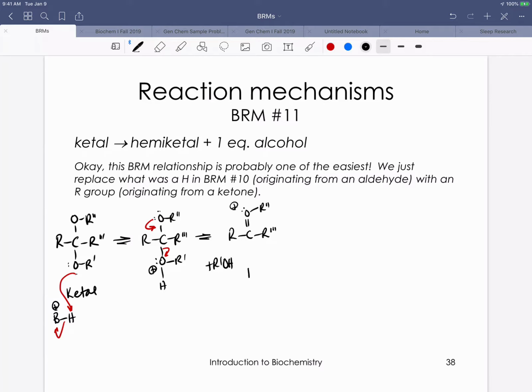And then we're going to have water as our incoming nucleophile, reacting with this very electrophilic carbon, generating our protonated hemiketal, which we can subsequently deprotonate to generate our final product.